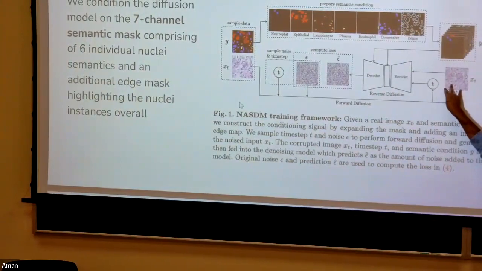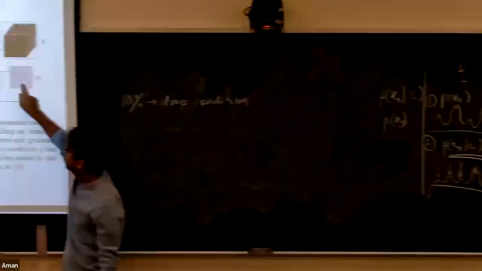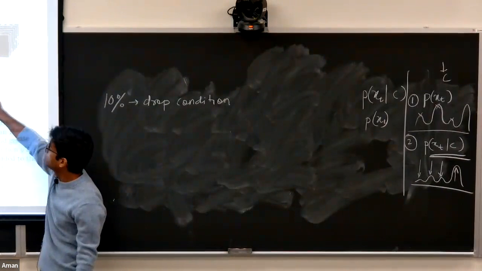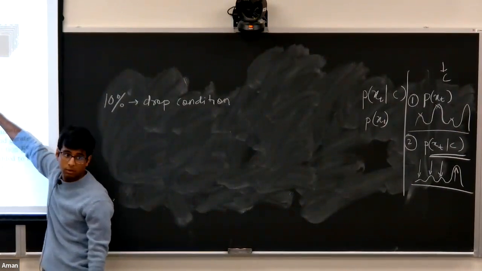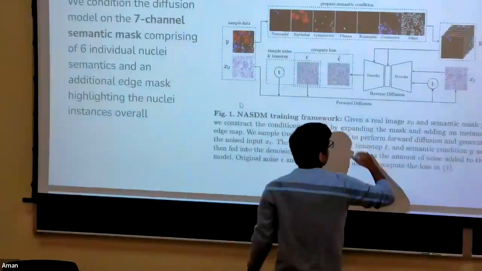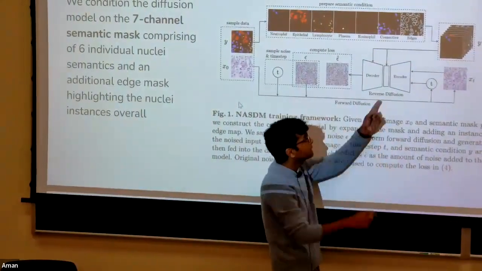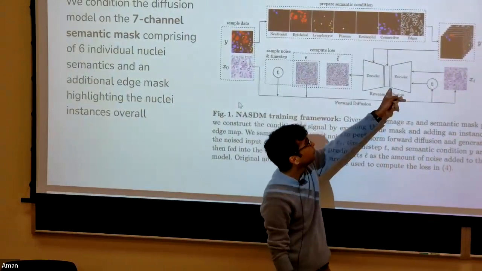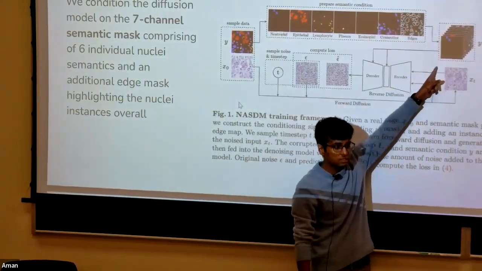That makes sense? In addition to this noisy version of the image, you also know what the time step is. You pass both of that to your reverse diffusion denoising model, which is this. That takes into account the conditioning signal as well.